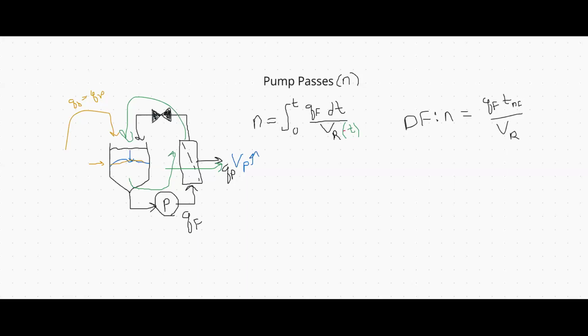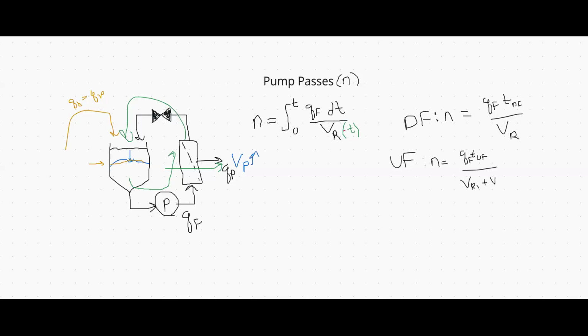There are a few different ways you can calculate this. One way that gets you a pretty reasonable result is during your concentration, which is often referred to as ultrafiltration, so I'm just writing UF. You can say that the number of pump passes is equal to the feed flow rate times the time of the concentration, and then do something as simple as take the average volume.